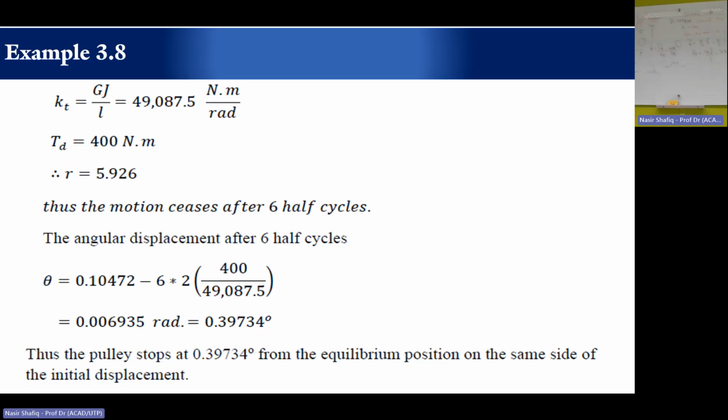So that will be this minus this, so that will be the position after 6 cycles, right? Because 2D, this is the value of D. So thus the pulley stops at 0.397 degree from the equilibrium position on the same side of the initial displacement. Okay. So this is the circular movement of a circular shaft.